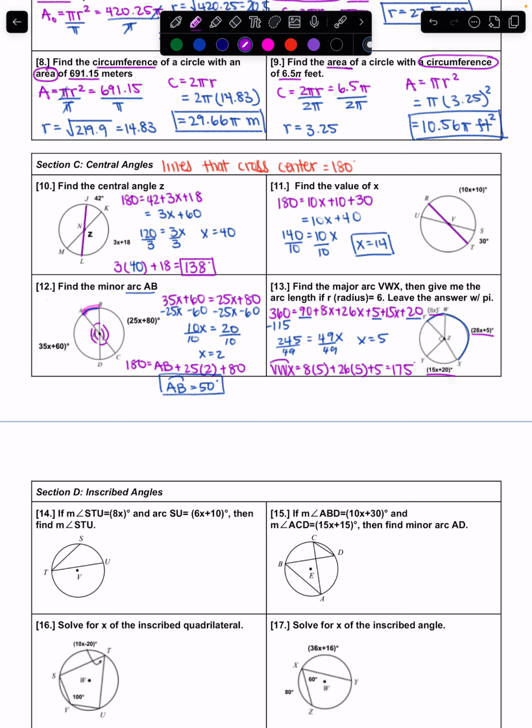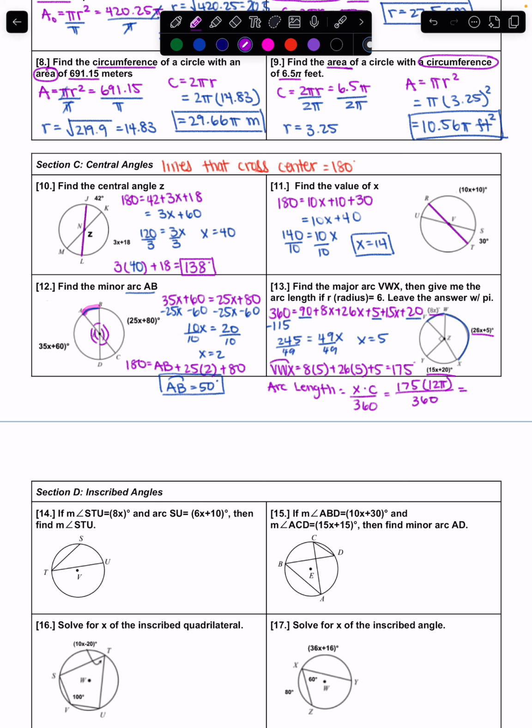Okay, so the equation for arc length is going to be x times C over 360. So we have the central angle, it's 175, okay? For the C, that's going to be our circumference. So circumference is just 2 pi r, and we have r, that's 6. So we're just going to double 6, 12, and then we're just going to put that pi, okay, over 360.